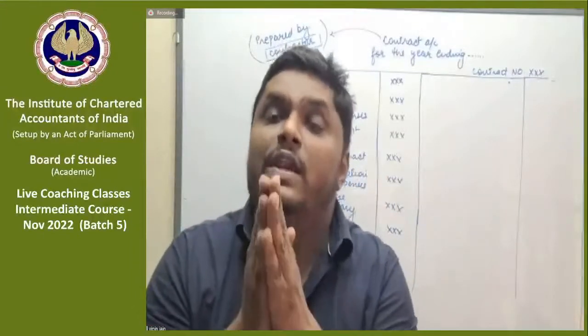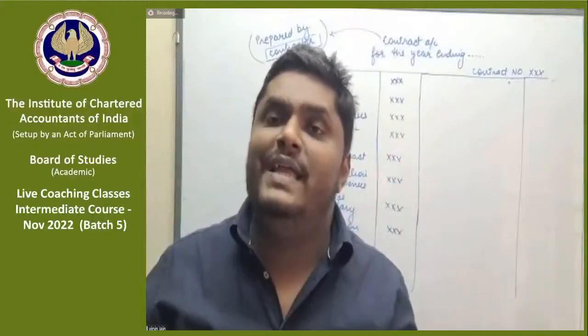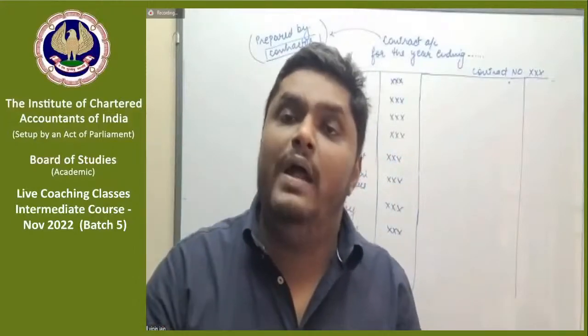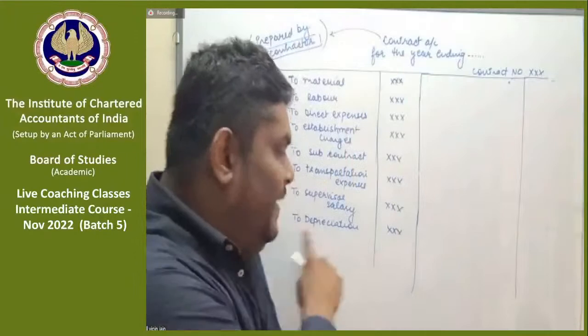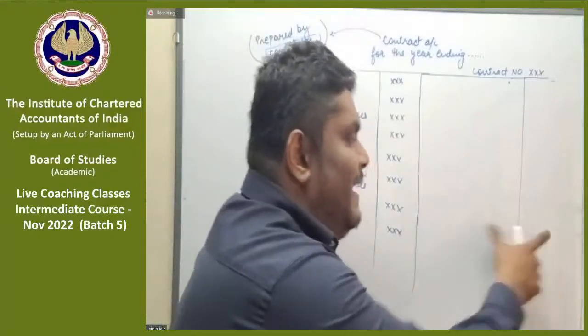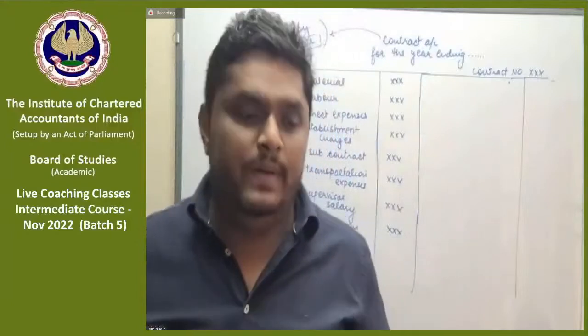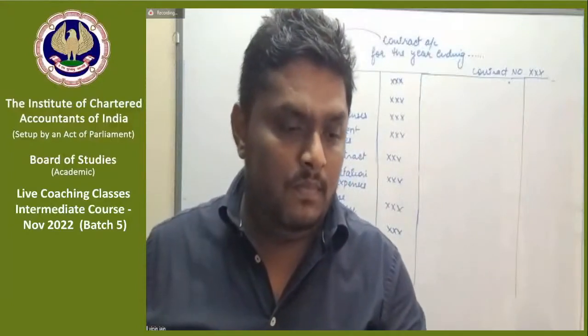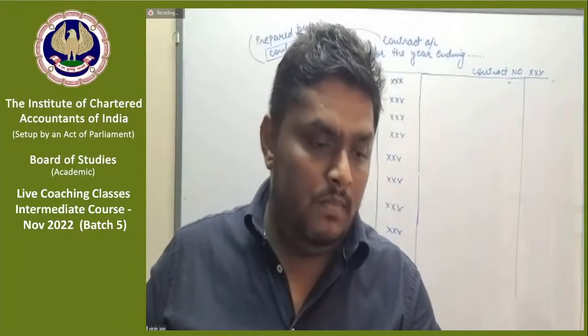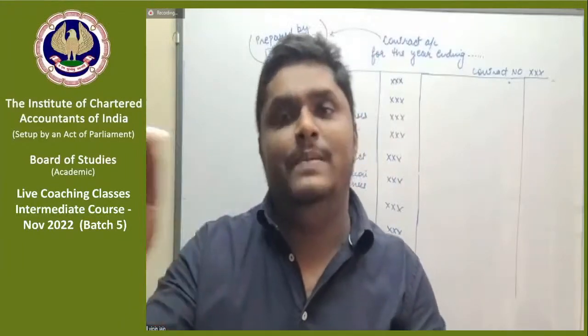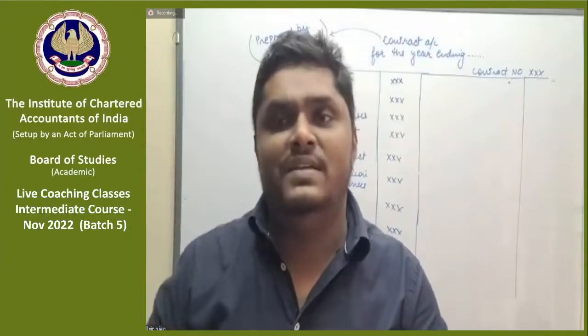But if some adjustments are given as regards sale of plant or plant written off, record the opening balance of plant, closing balance of plant, and pass the necessary adjustment entry. Very simple. More or less, it is similar to the treatment we have discussed in material.